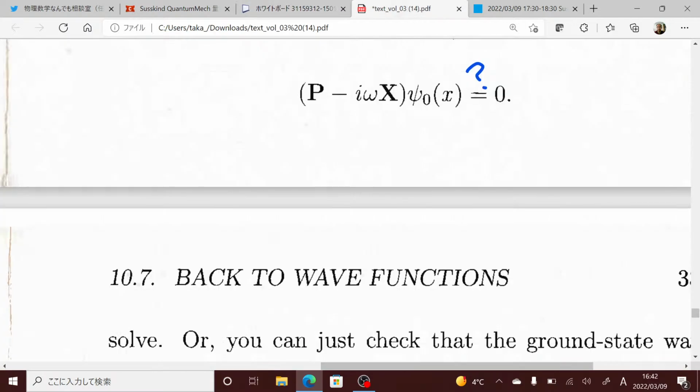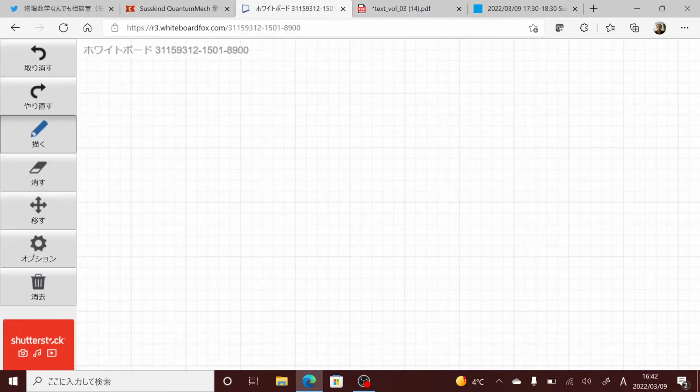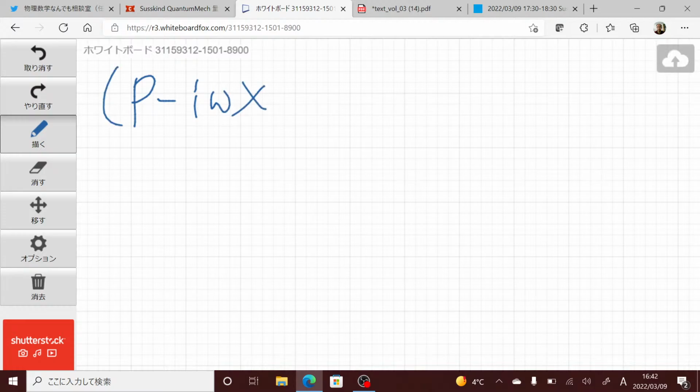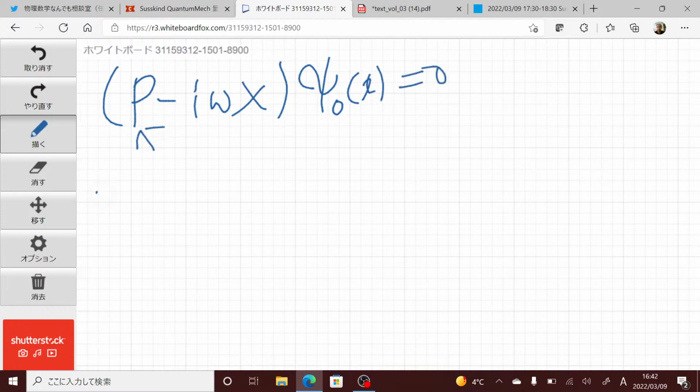So P minus i omega x acting on psi 0 of x equals 0. P is, I put i downstairs and h bar upstairs, d/dx. So we multiply by i.